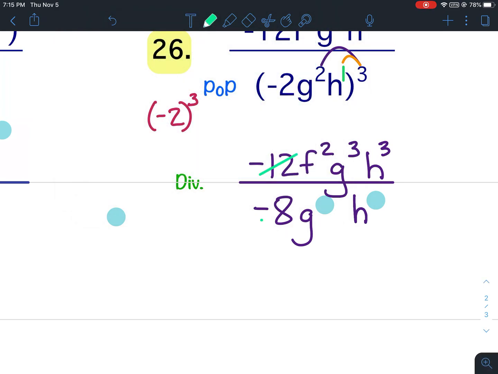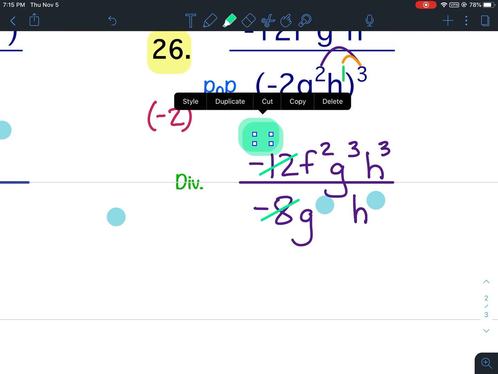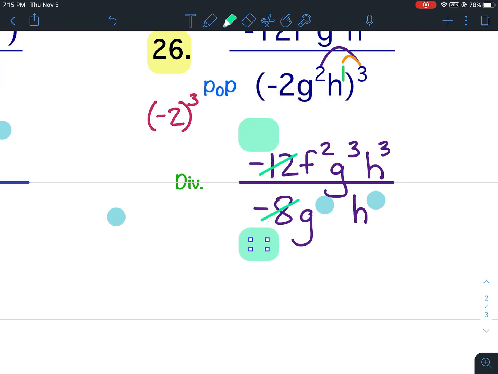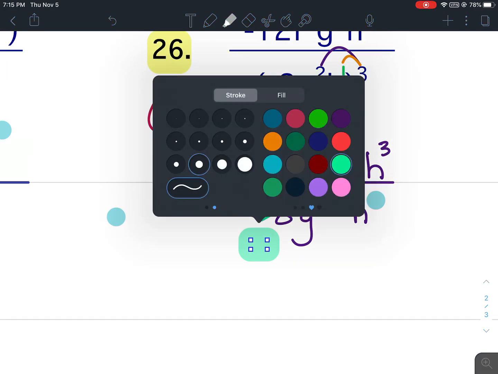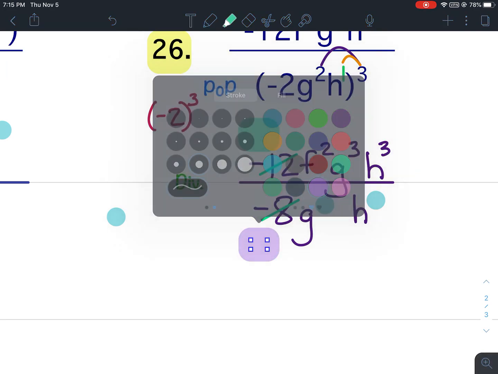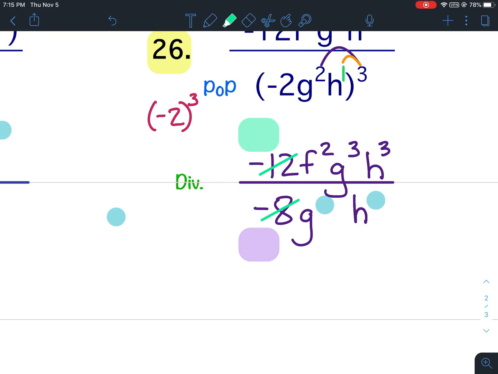Start with your coefficients. Use the N over D button. It will give you a fraction. So whatever is in the numerator, you'll write it on top. Whatever's in the denominator goes on the bottom.